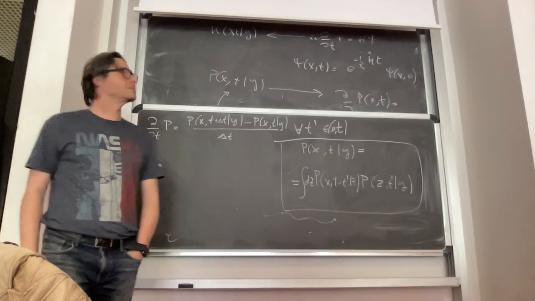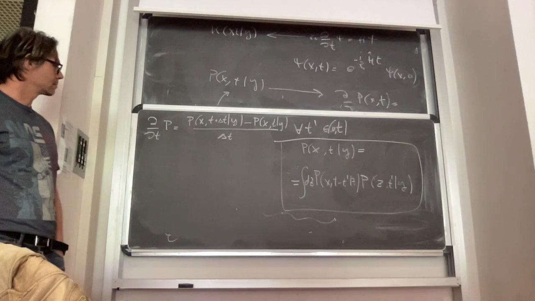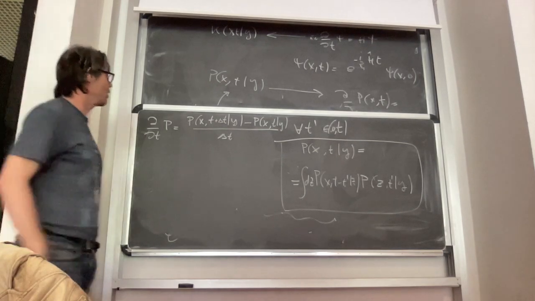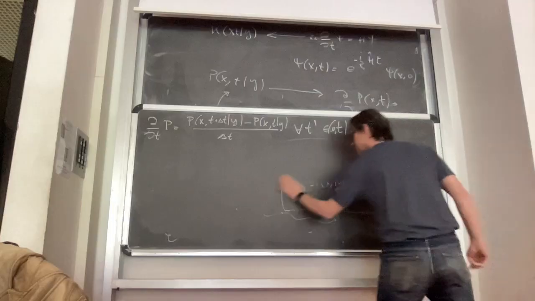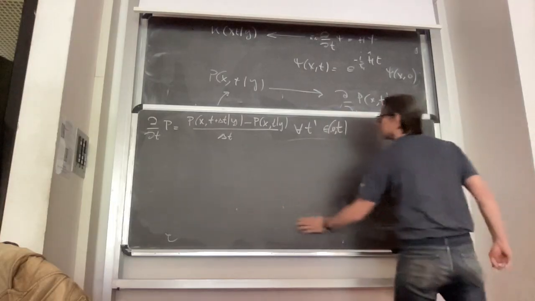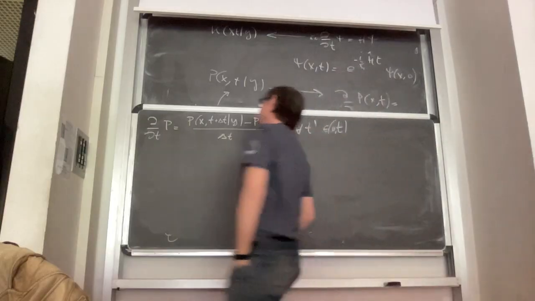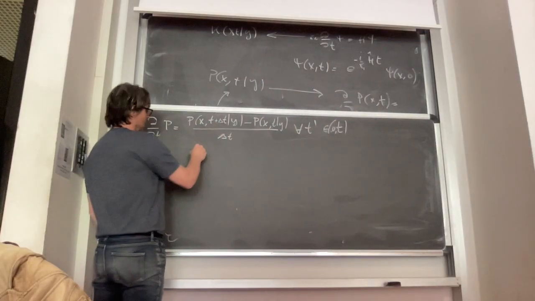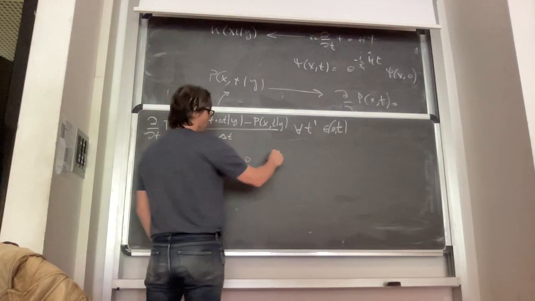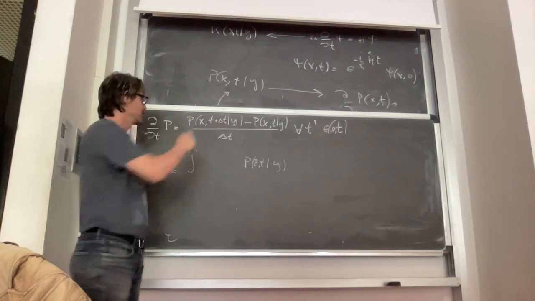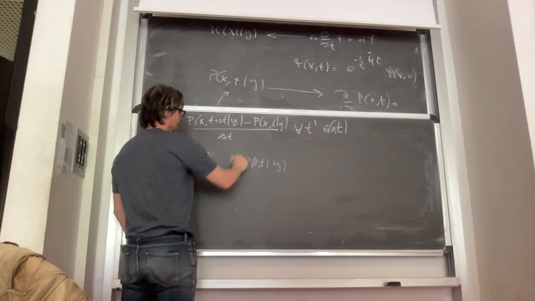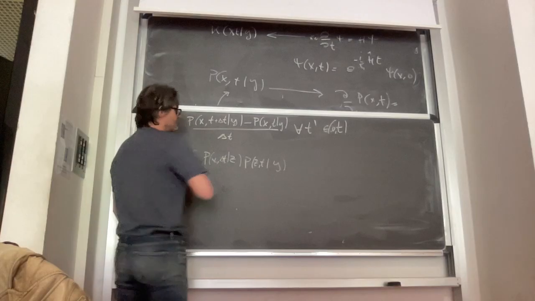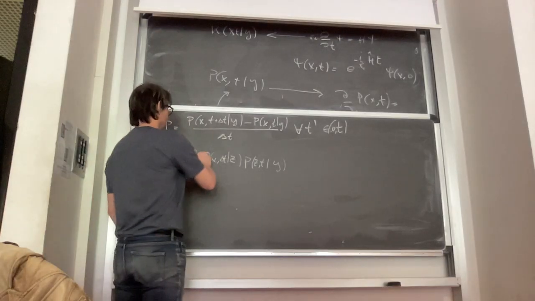Now the idea is to write this as the probability of going from y to some point z at time t, times the probability to go from z to x in the remaining small time interval delta t, integrating over z.